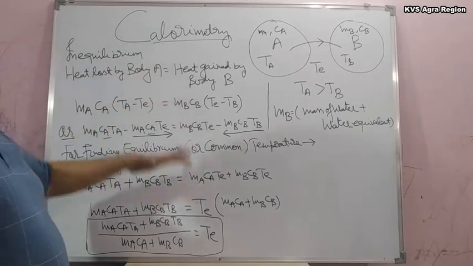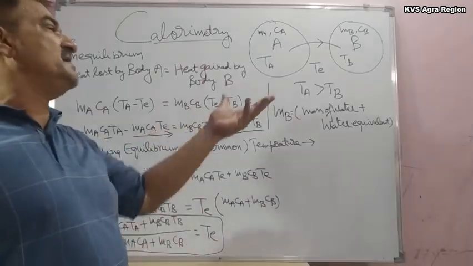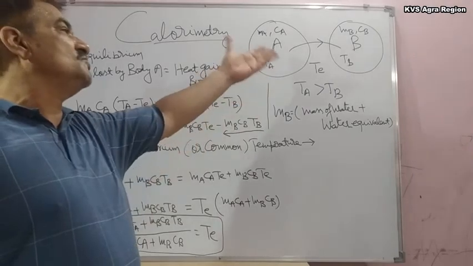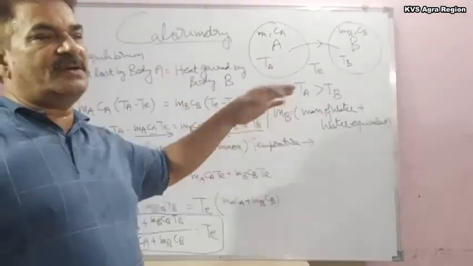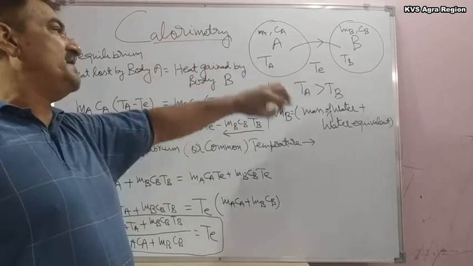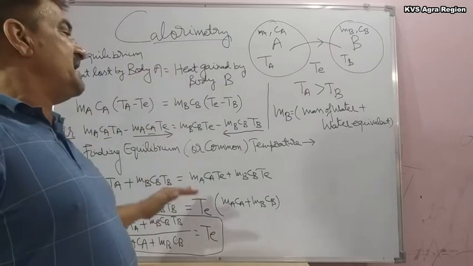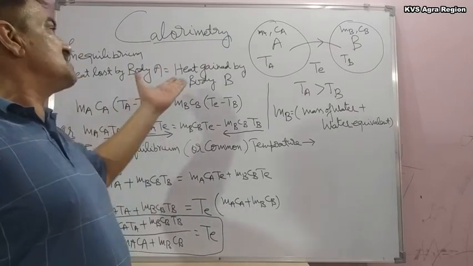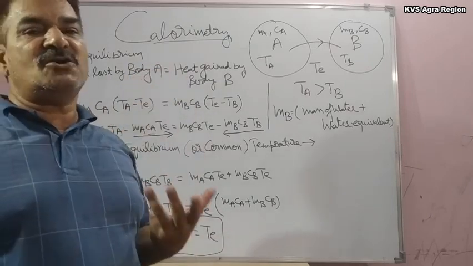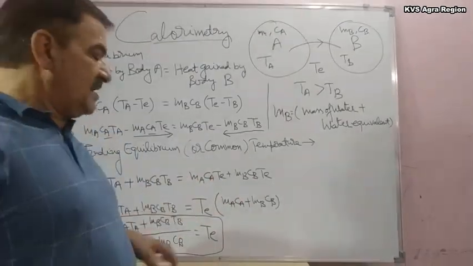So using this process of calorimetry, we can find the specific heat of either material A or material B, or we can also find, using the same process, the equilibrium temperature when A and B are kept in contact.